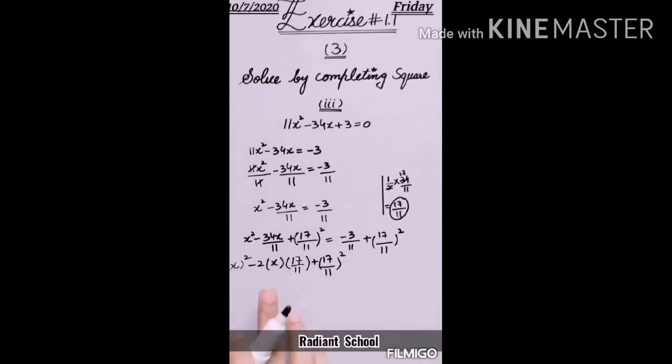You can see here, if you cancel these two, 2 times 17 is 34x over 11, it is your middle term. So you can write this expression like this: a square minus 2ab plus b square. This is the formula. Always this side will be the formula of a minus b whole square.